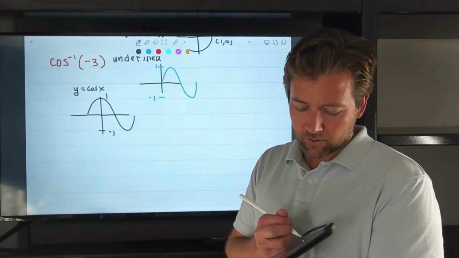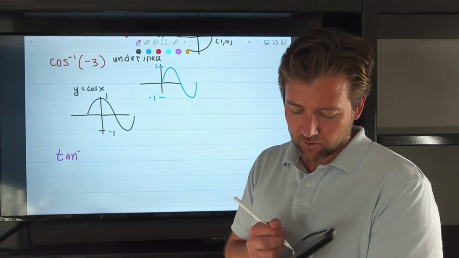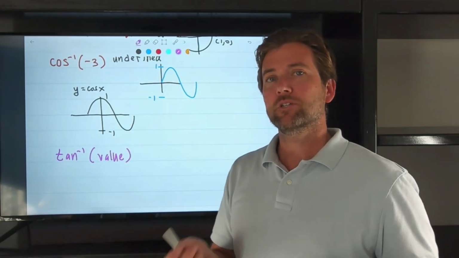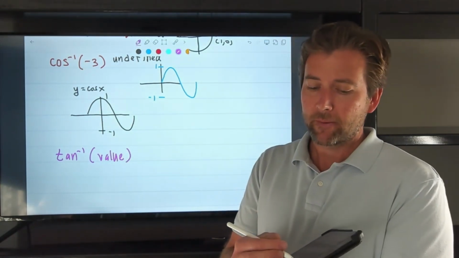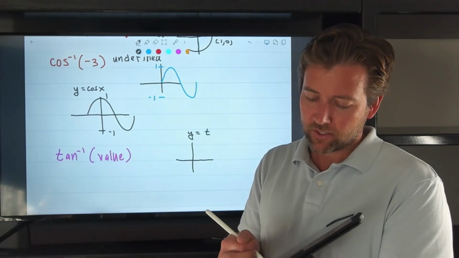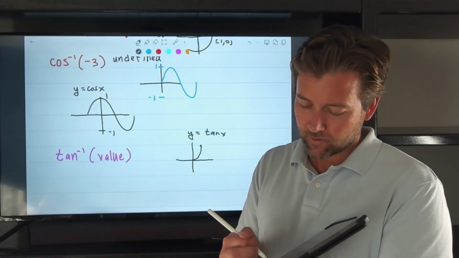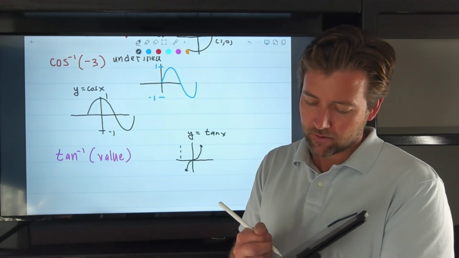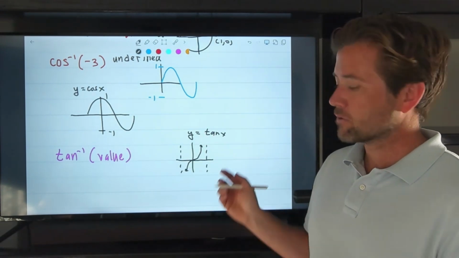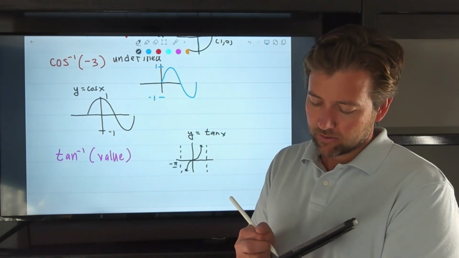Now, when it comes to arctangent of a value here, Hakuna Matata, it's no worries. Here's what I mean. Here is the graph of tangent of x. Now, this is just part of the graph. It keeps repeating this over and over and over again.